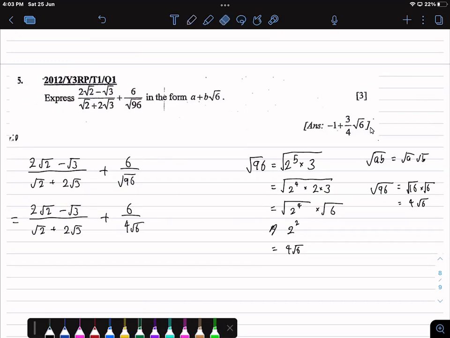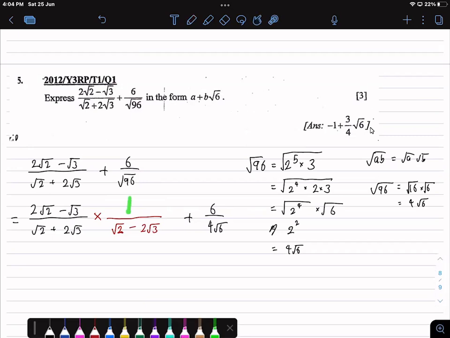But we can go a bit faster. We can just rationalize the denominator as well. So here we will multiply top and bottom by, what is it? Can you tell me? Conjugate. What is it? This, but minus. Correct. So square root 2 minus 2 root 3.